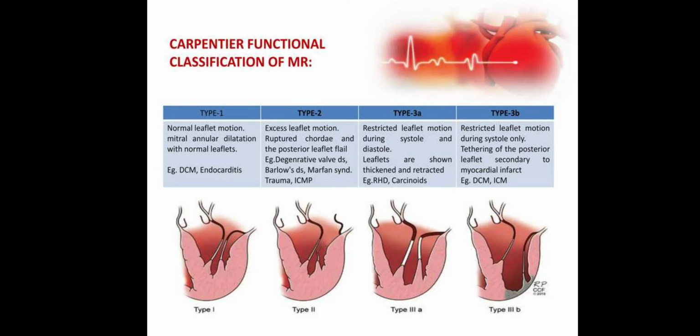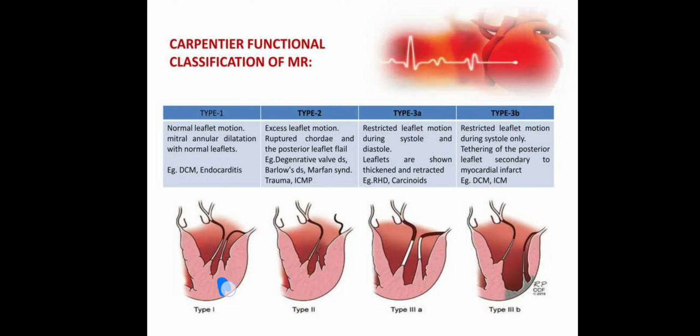Then type 3A, there is restricted leaflet motion during systole and diastole. Leaflets are thickened and retracted in rheumatic heart disease and carcinoid. Type 3B, restricted leaflet motion during systole only, with tethering of the posterior leaflet secondary to myocardial infarct, dilated cardiomyopathy, ischemic cardiomyopathy.